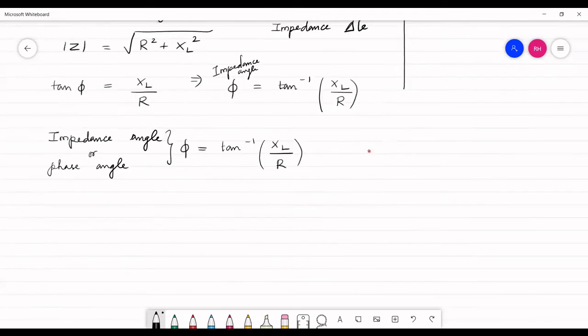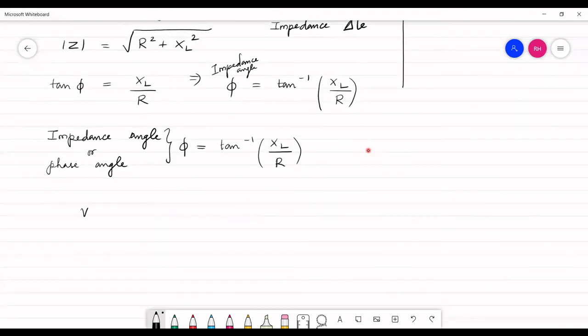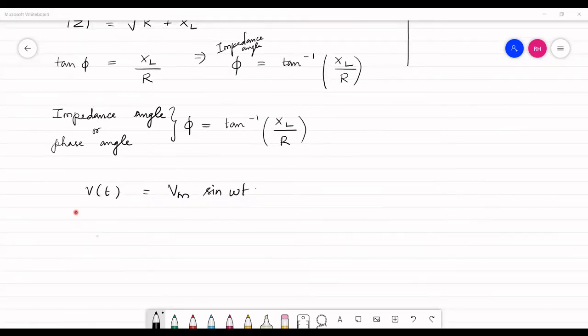So if voltage v(t) is represented as Vm sin ωt, then i(t) will have a maximum amplitude and be sin(ωt − φ), because the current always lags behind voltage in an inductive circuit.